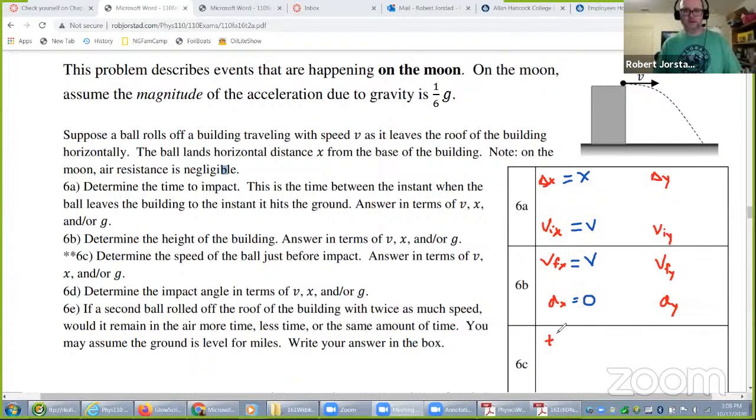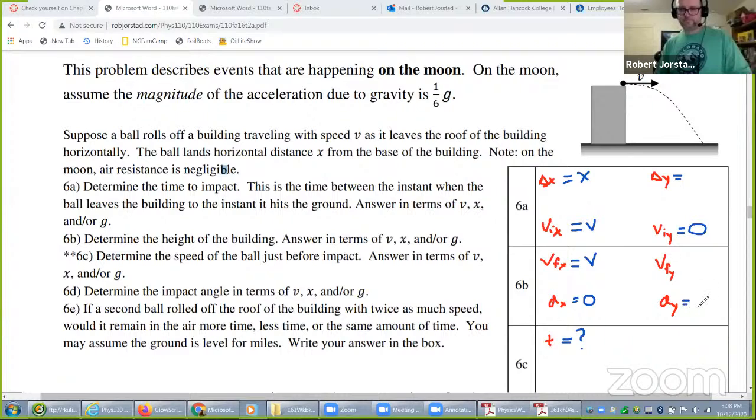All right. Is time known? Anybody see if time is given? Oh, probably not, because it says determine time to impact. So I'm going to assume time is unknown. There, I did my part. V initial y is 0. Excellent. So if it's initially moving horizontally, that implies it's not moving vertically. Nice job. All right.